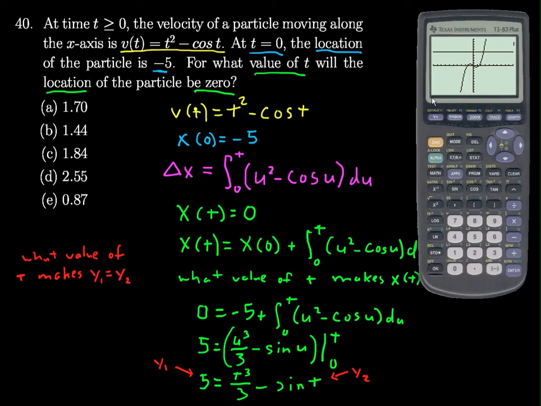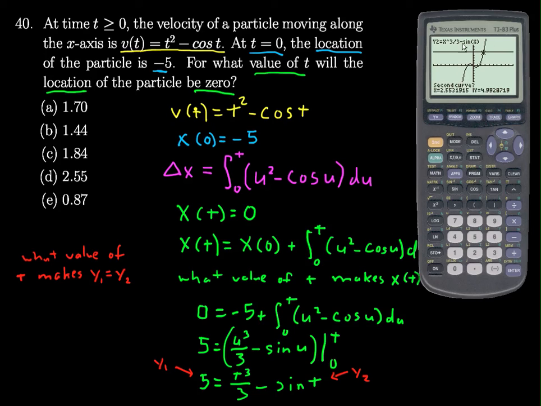I want to know what x value makes them equal, so that's going to happen right in here. I could try to trace to it, but the calculator will do it for me. If I go to second calculate, I'm going to find the intersection, so press 5. Let me go over near where they intersect. I'm on my first curve, y1 of 5.